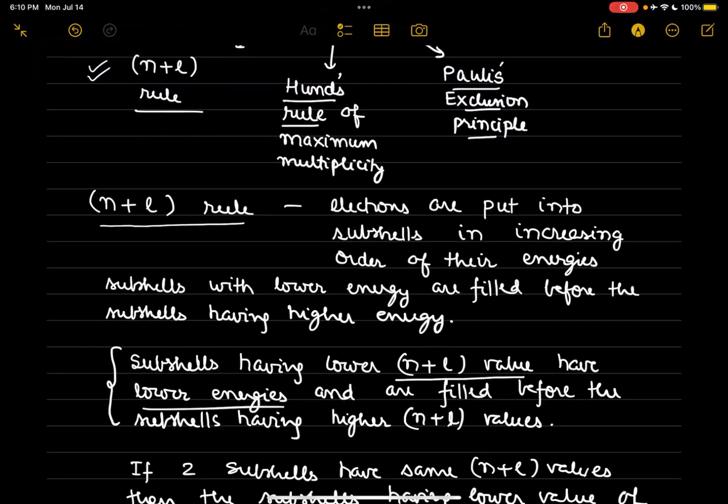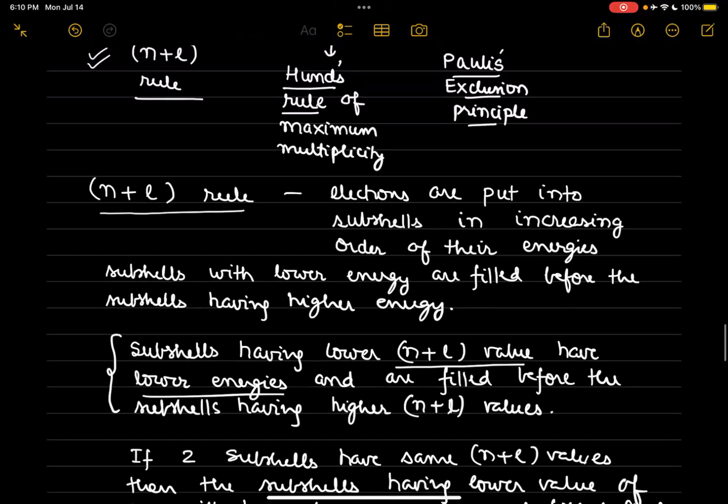On the basis of the value of N plus L. Smaller the value of N plus L, that orbital or subshell is going to be filled first because it will have lower energy. If you have higher N plus L, that subshell is going to be filled later on because it has higher energy.